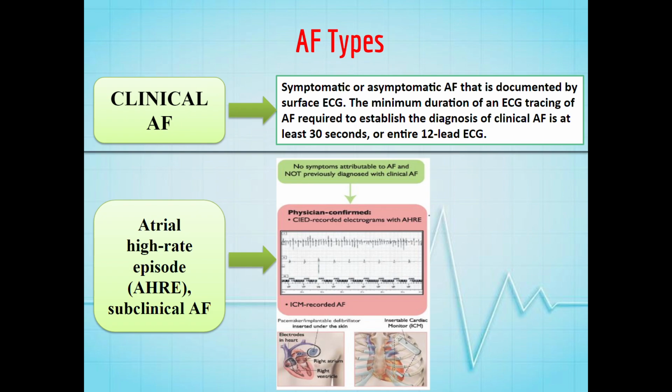Clinical atrial fibrillation defines symptomatic or asymptomatic AF that is documented by surface ECG, the same electrocardiographic characteristics as I mentioned before on the previous slide. Individuals without symptoms associated to atrial fibrillation in whom clinical AF is not previously detected, there is no surface ECG tracing of AF, it refers to us as subclinical AF.